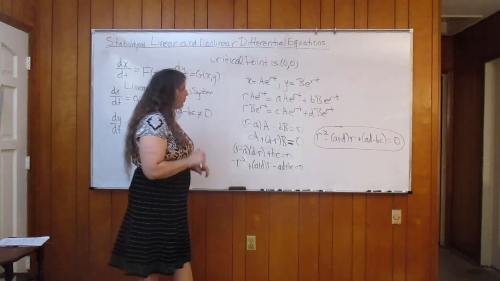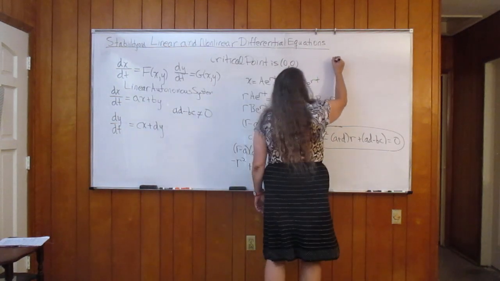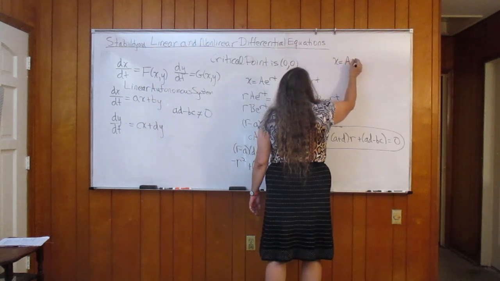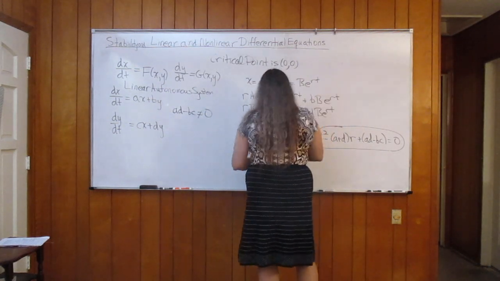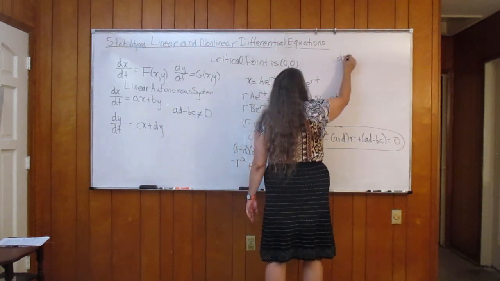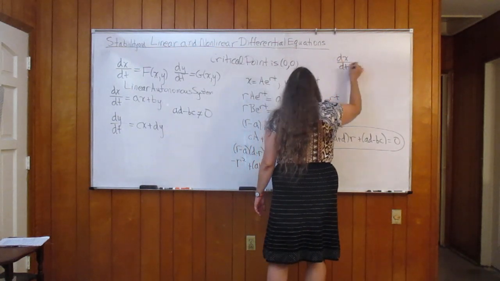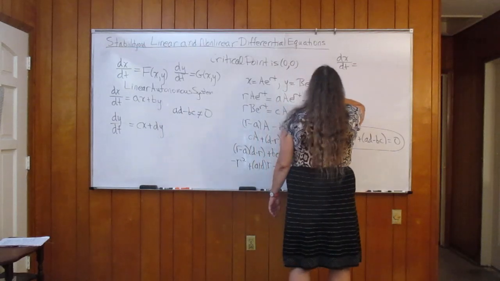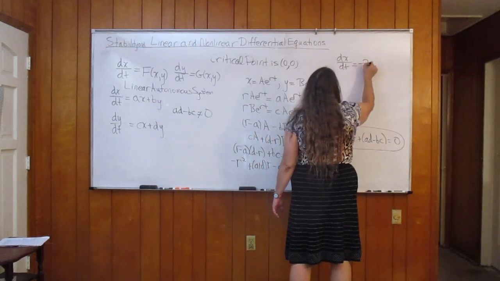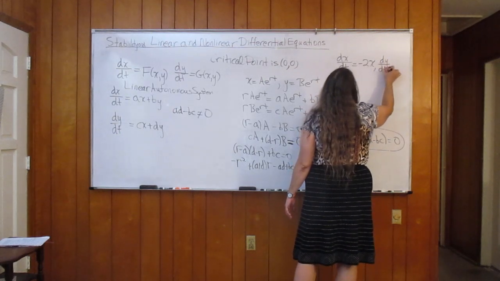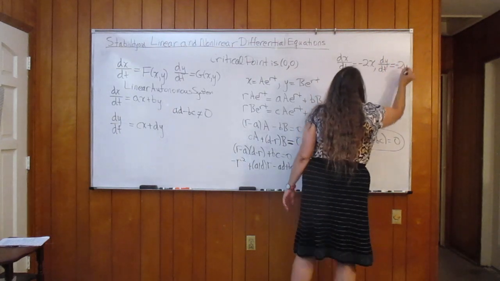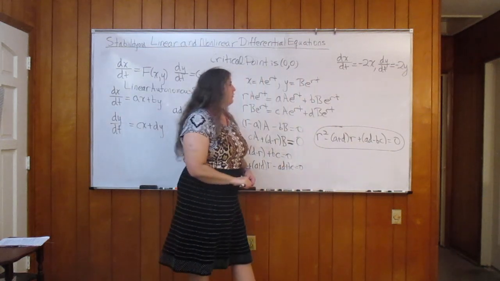Okay, so let's take a first example. Suppose that dx by dt is equal to minus 2x, and dy by dt is equal to minus 2y.